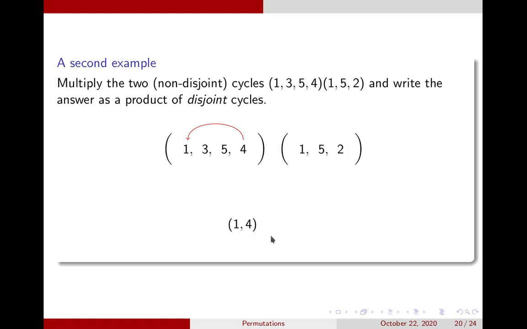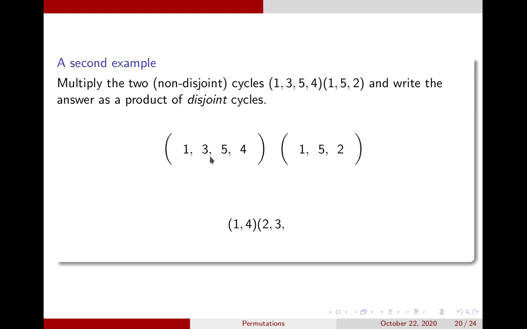And now we have not yet used the numbers 2 or 3 or 5, so we start a second cycle with the number 2. 2 is sent to 1 by the rightmost cycle. The leftmost cycle sends 1 to 3.